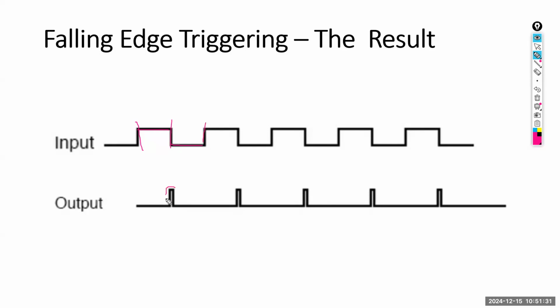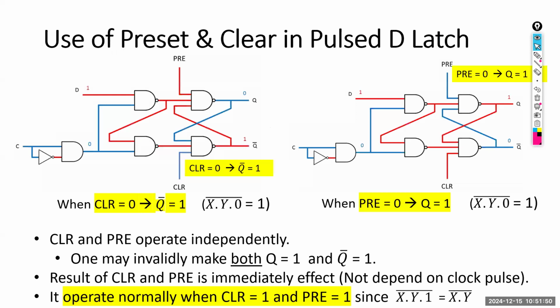But here, for a very tiny period, your circuit is enabled, maybe less than 1% of the time. All the other time, your circuit is immune to stray pulses when you go for edge triggering.